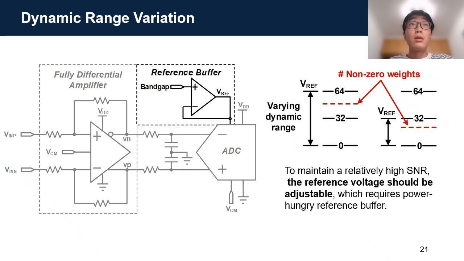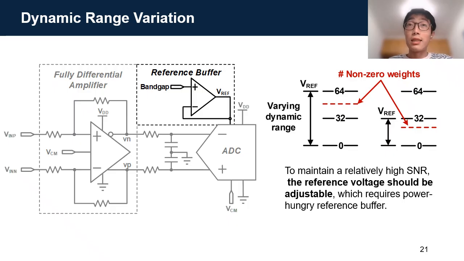And third, the dynamic range variation. The output signal range varies significantly due to weight sparsity and kernel size. For example, if there are lots of zeros in the weights, even if the inputs are all ones, the output signals will still be very low.